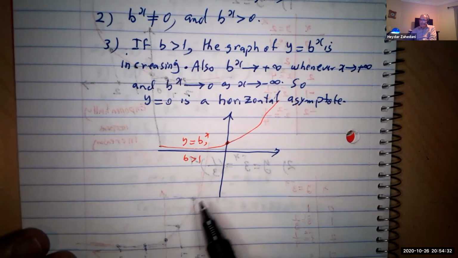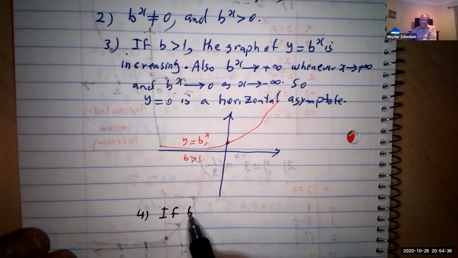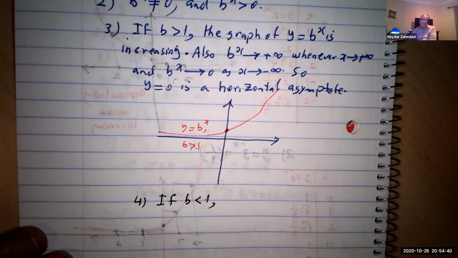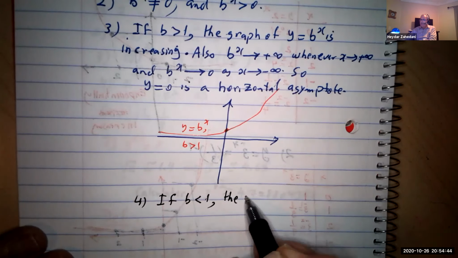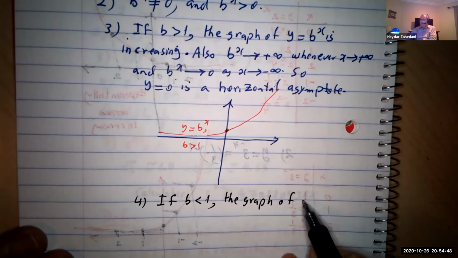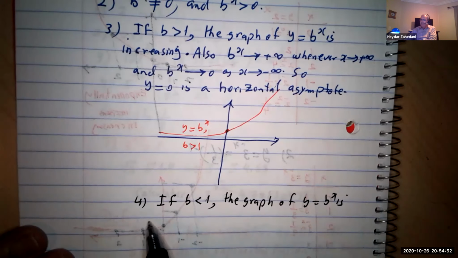If you change it, if b is less than 1, now it's decreasing. Okay, the graph of y equal to b to the x is going to be decreasing.